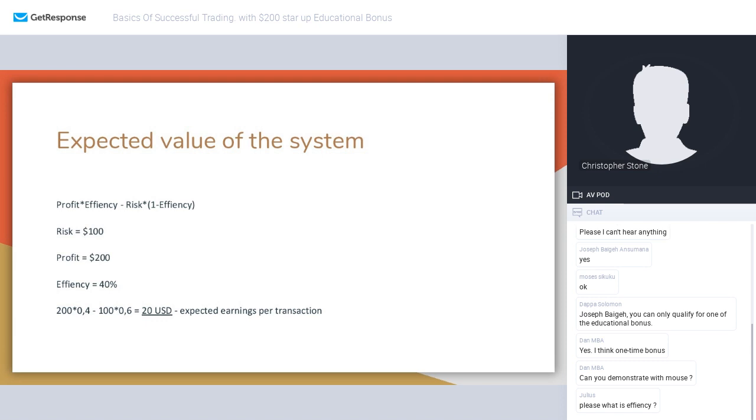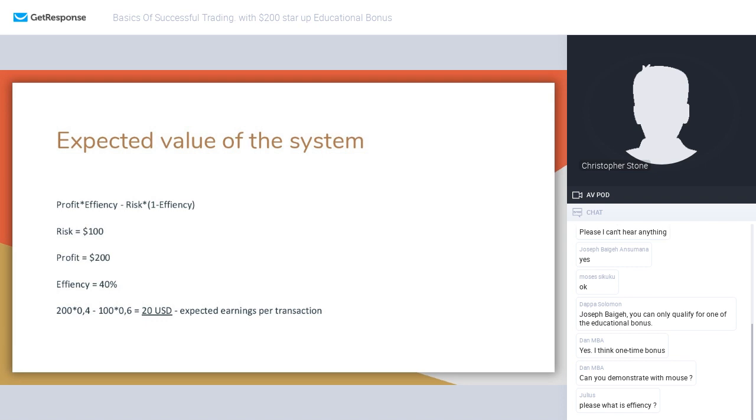For example, if we had 100 trades, but only 10 of them were profitable, then our efficiency would be 10%. In 100 trades with efficiency 30%, our winning trades will be 30 of our trades.